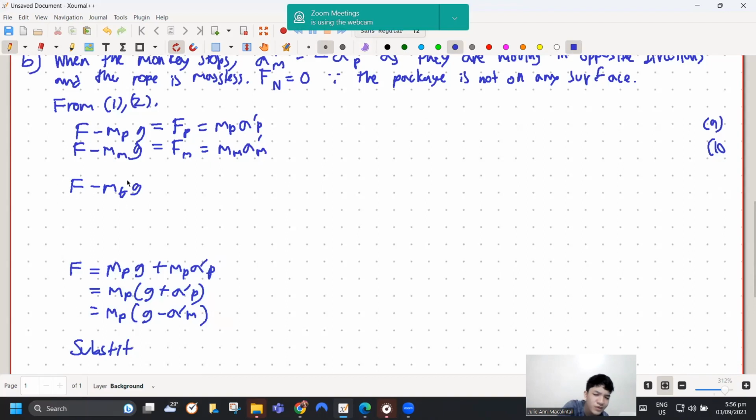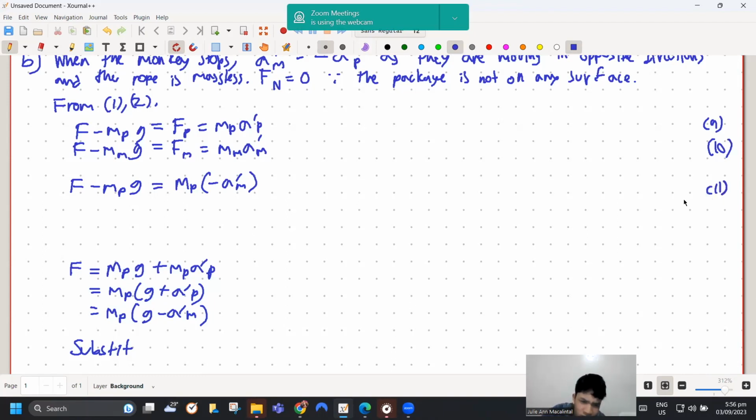Kasi yan yung package, di ba? So this is from equation 9 and yung condition na opposite yung accelerations. So call this equation 11.